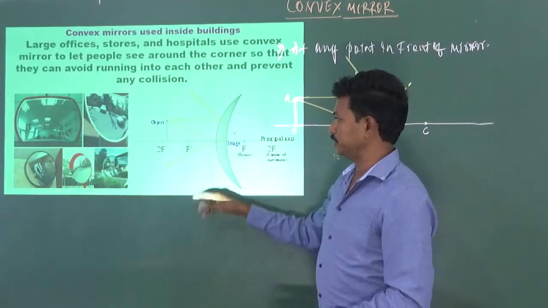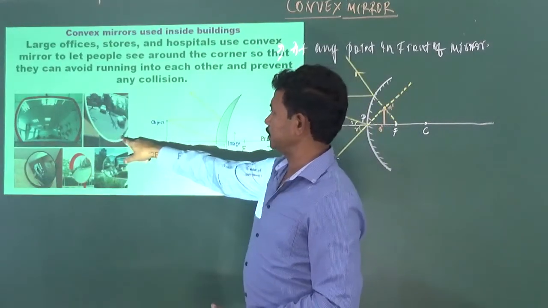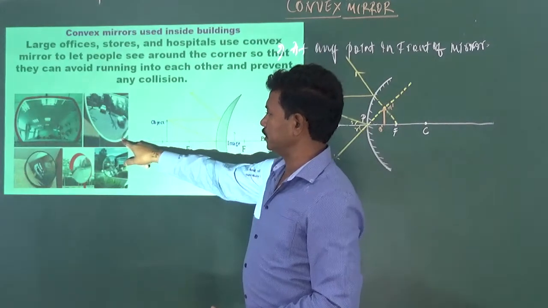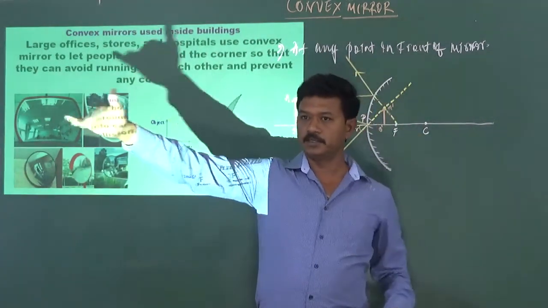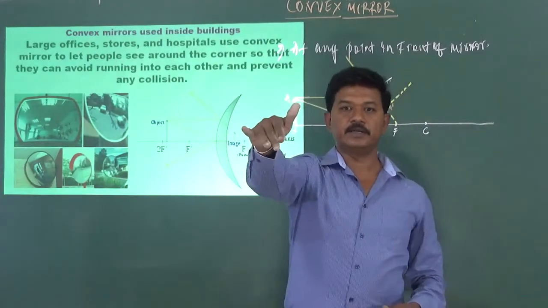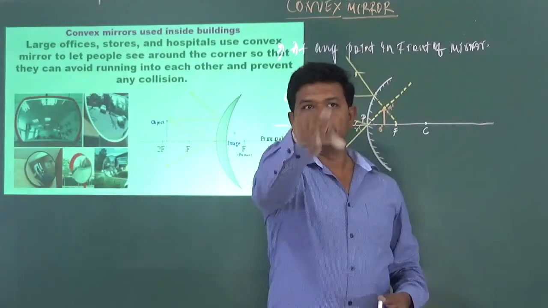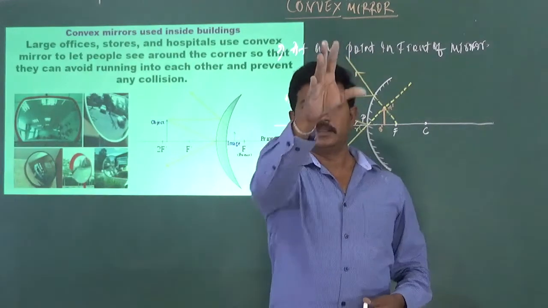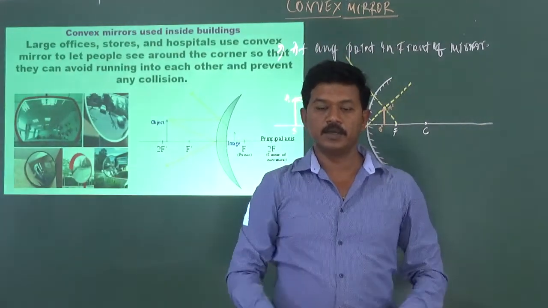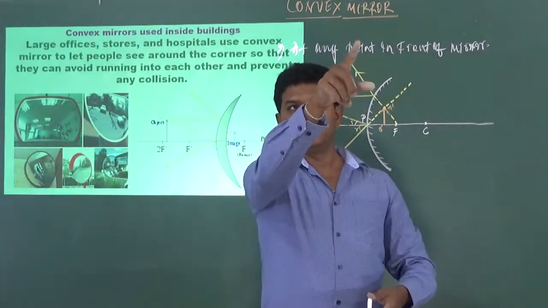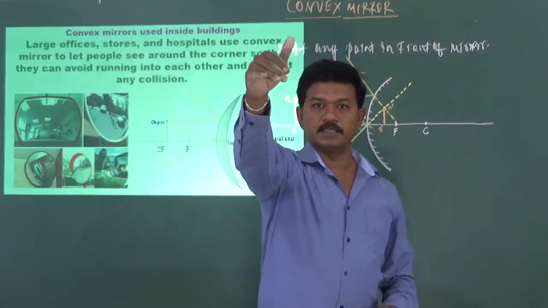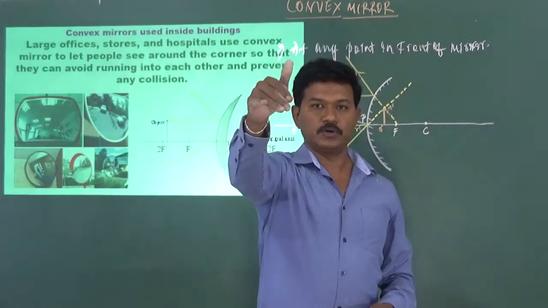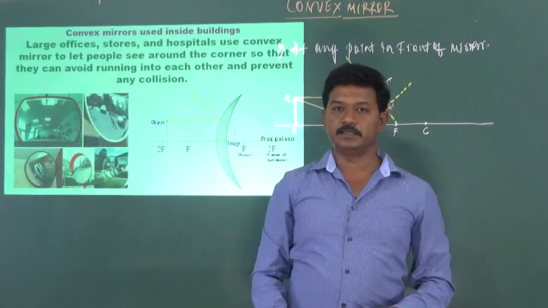It's very easy. So here you can see that, it's in a parking lot, so it can be used here. For example, you are going on a road, and some other road is there which is perpendicular to your road. At the diagonal end, they will fix a convex mirror so that when you are going, if you see the mirror, you can get the images of the vehicles which are coming on that road, so that you can avoid accidents.